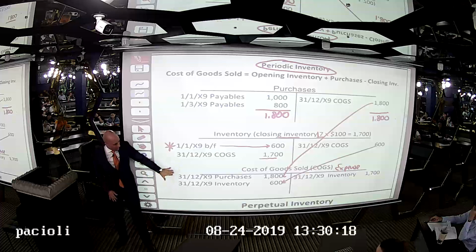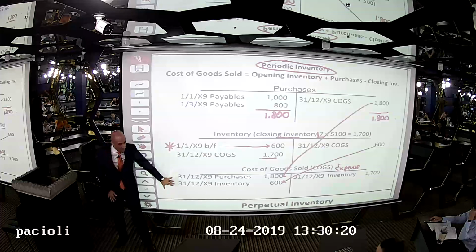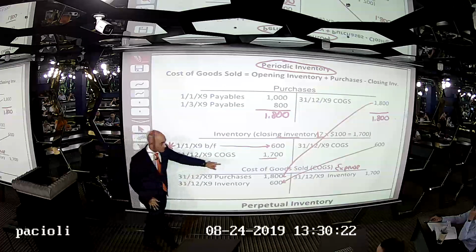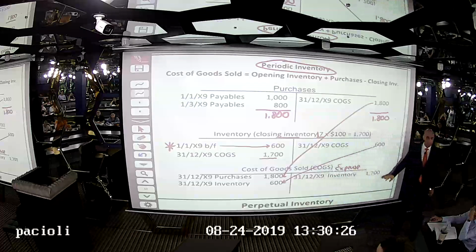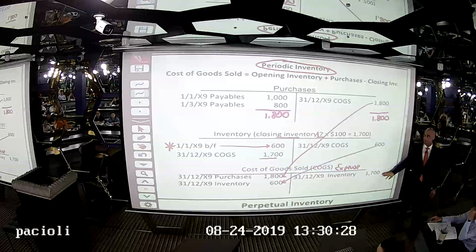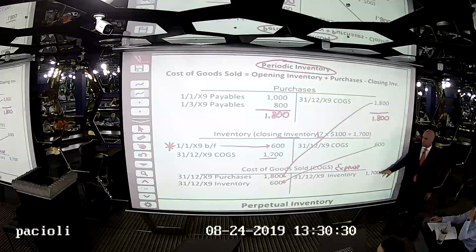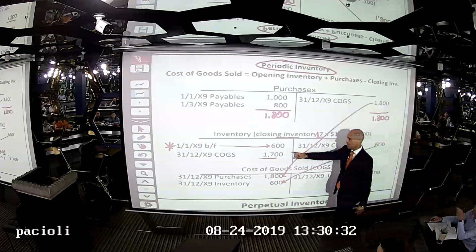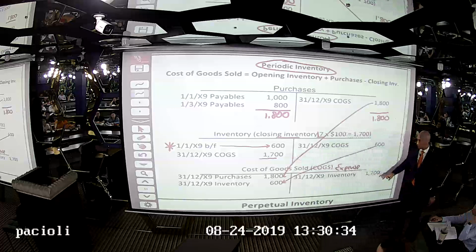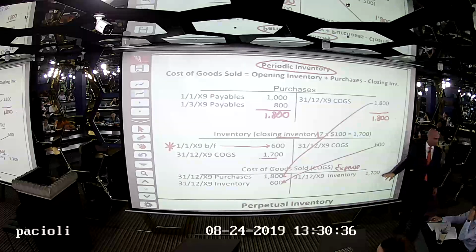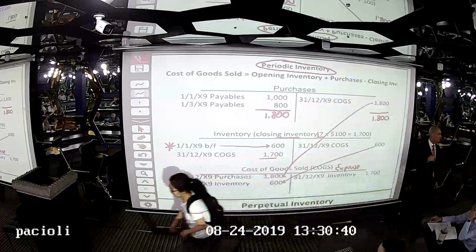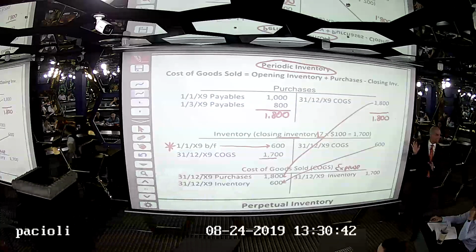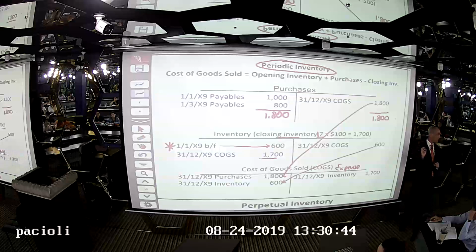So we plus purchases plus opening inventory and then minus the closing inventory. So the closing inventory, debit inventory, and credit cost of goods sold. So the closing inventory makes cost of goods sold go down. So this is the periodic method. This is the method on our exam.